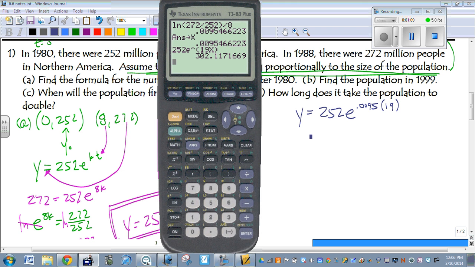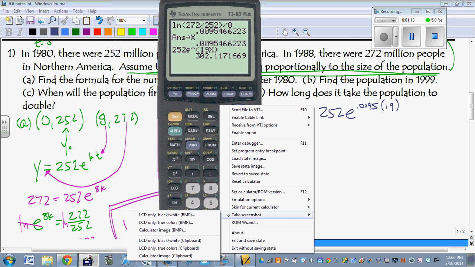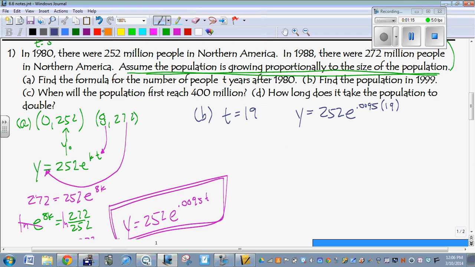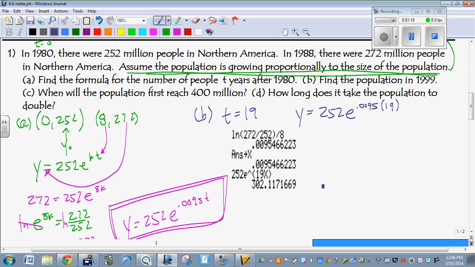So let's see, this is our answer here, but remember we're talking about millions of people. So we can take this decimal place and move it over. So 302 million.